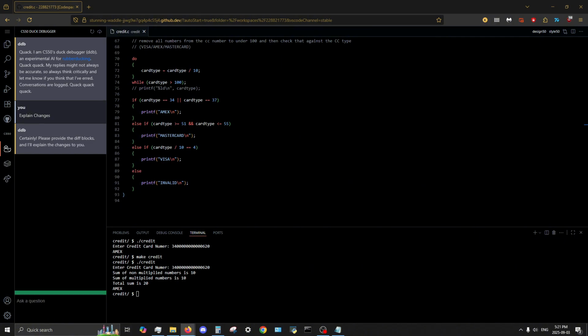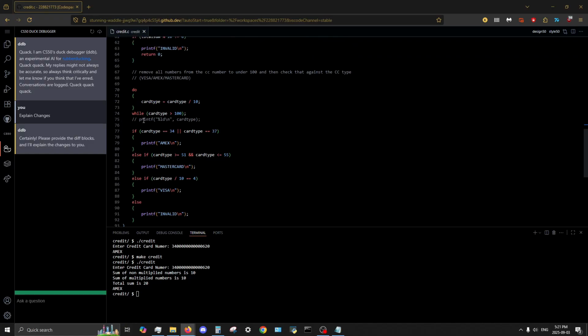So I have to add the length inside this. Okay. So Amex is 15, MasterCard is 16, and Visa is 13 and 16.